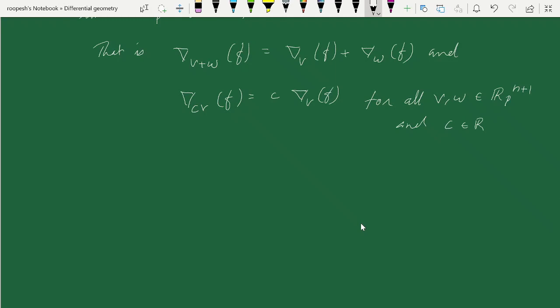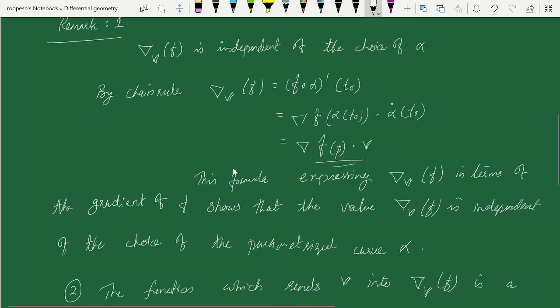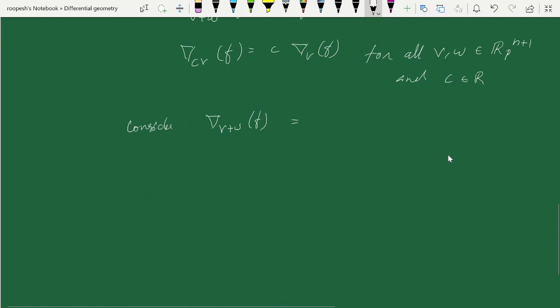So consider del (v plus w) of f. By definition, we have found that it is del f of p dot v, so we can use that quantity here. So it should be del f of p dot (v plus w).